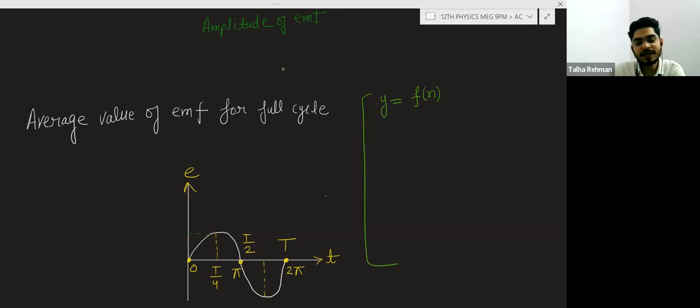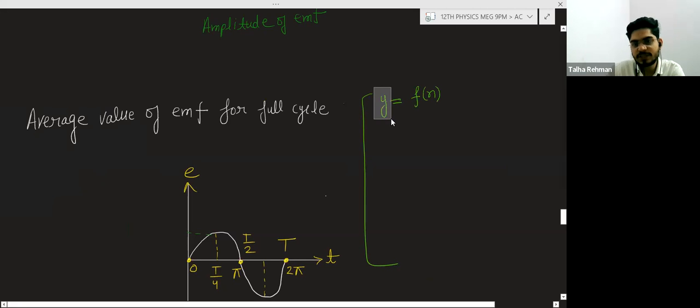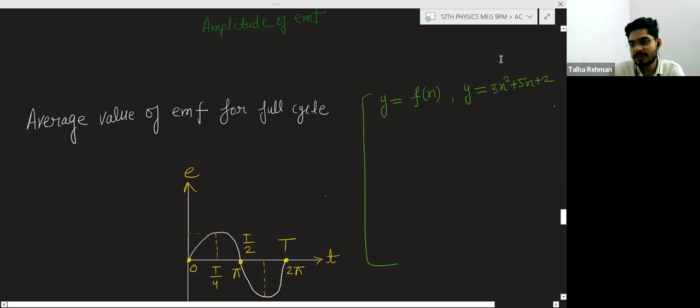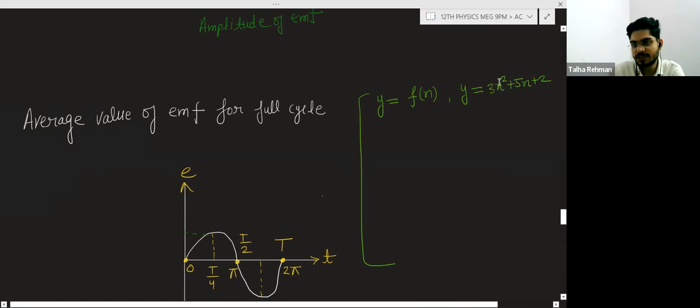What is the meaning of that? This y is changing with respect to x. For example, y is equal to 3x square plus 5x plus 2. This y is in the form of x, meaning y is changing when x has different values.